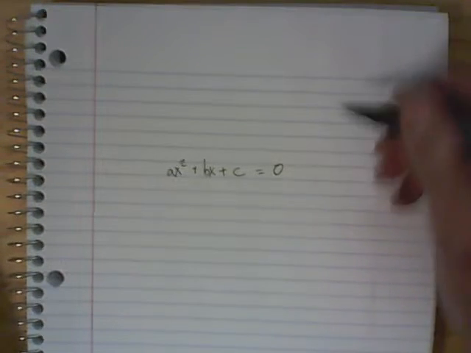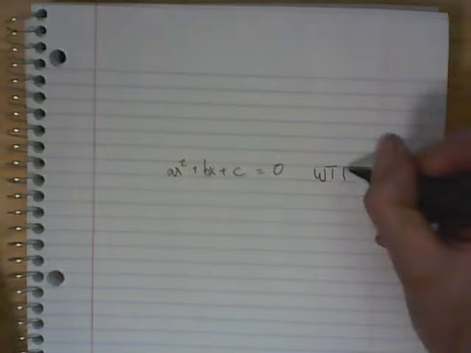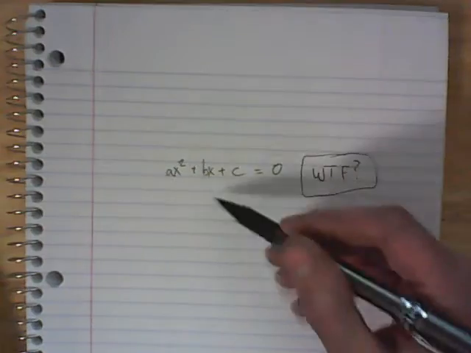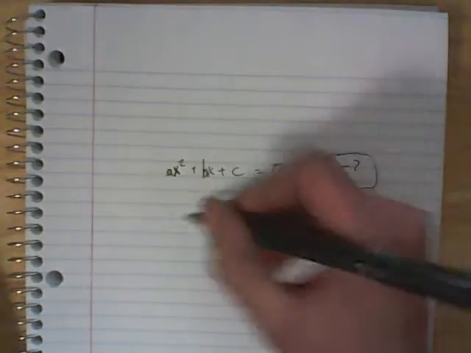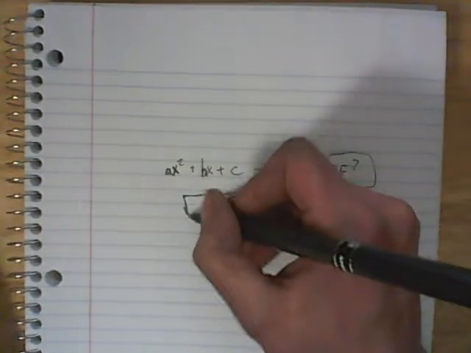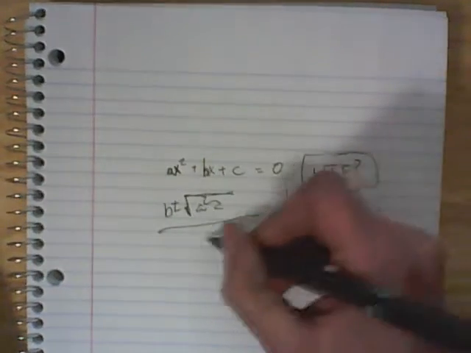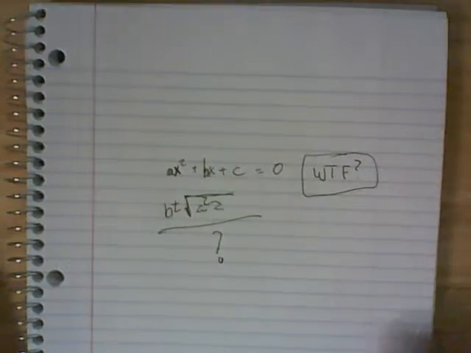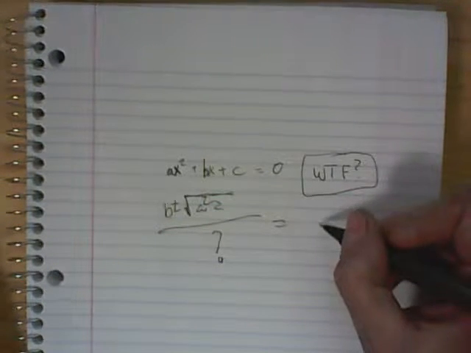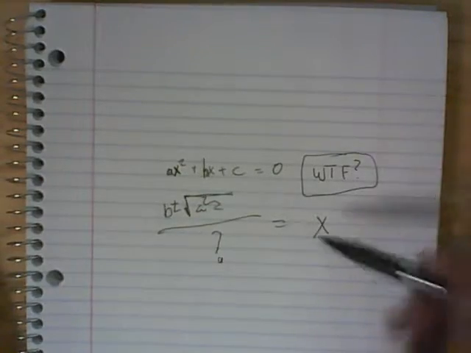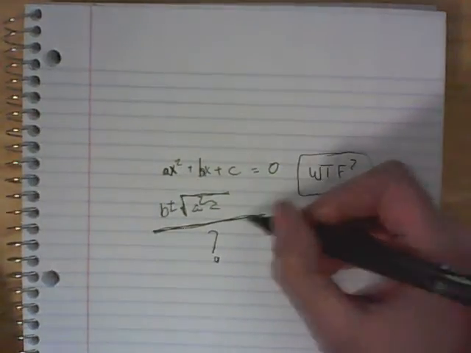We start seeing things like this, and we go, well, where the hell did that come from? And what does that even mean, right? There's something that you do in high school where b plus or minus something over whatever gives you x. And why? How did we get there?